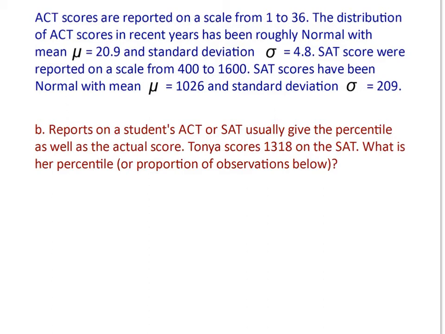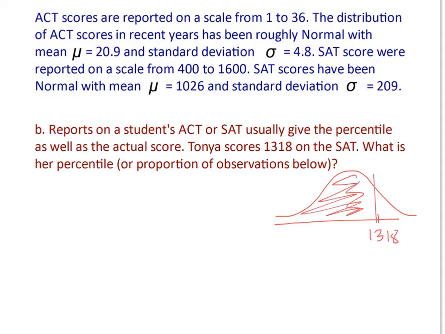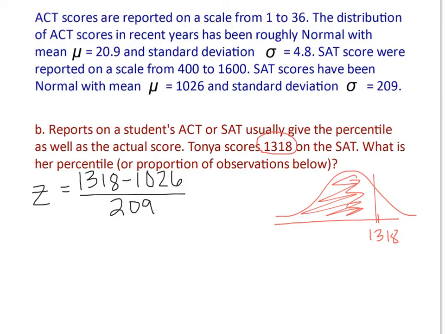All this is saying is what's the area below a 1318 on the SAT? Well, we know that Table A doesn't have 1318 on it, but it does have z-scores. So I'm going to convert 1318 into a z-score for this SAT data. So z equals 1318, which is my x, minus the mean of 1026, divided by the standard deviation of 209. And when I do that, I get my z is 1.40.